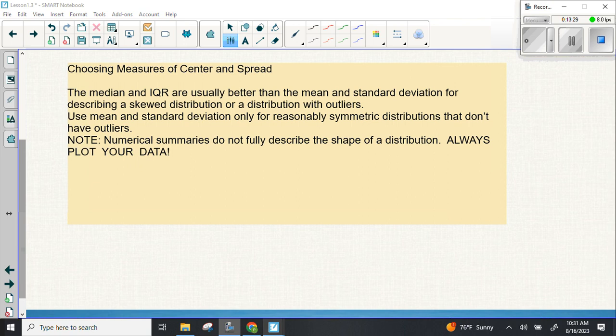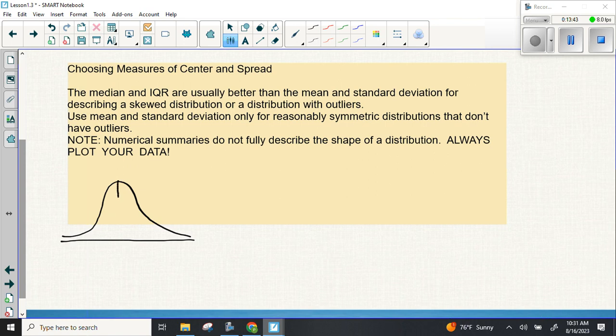The reason why we do this, imagine, if you have some data that is roughly symmetric, just imagine that we've drawn a curve to that data. If it's roughly symmetric, then your mean is here, and probably if it's symmetric, this is also going to be your median. In fact, if it's perfectly symmetric, your mean and your median will be exactly the same.